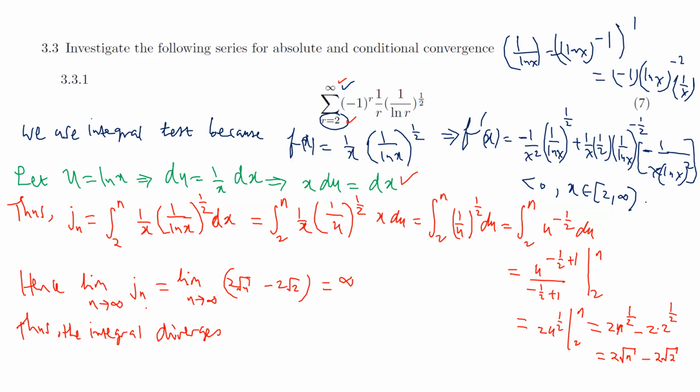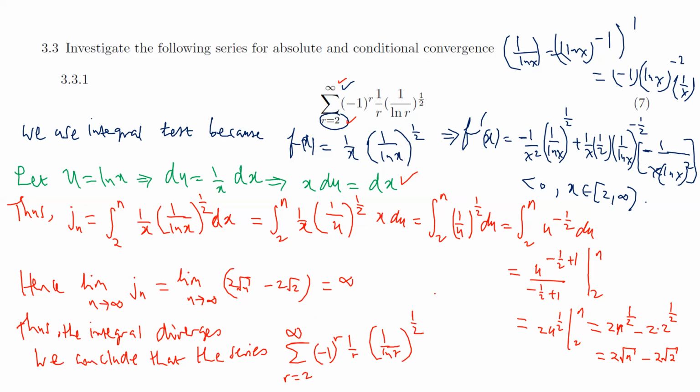So the conclusion, if we want to test these for convergence, according to page 21 of the study guide, we conclude, and this is very important, that the series of minus 1 to the r, 1 over r, diverges.